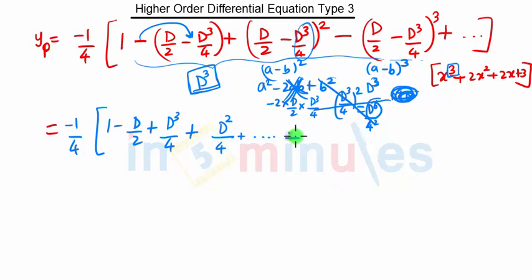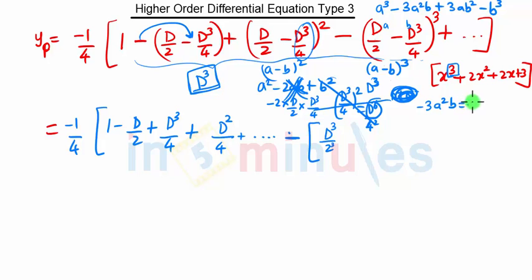Okay, minus this term. Here it is (a minus b) the whole cube. The formula for (a minus b) the whole cube is nothing but a cube minus 3a square b plus 3ab square minus b cube. So what is a? A is this term and b is this term. So a cube will be D upon 2 the whole cube. So D cube upon 2 cube, minus we have 3a square b. So what is a in our case? In our case a is D by 2.